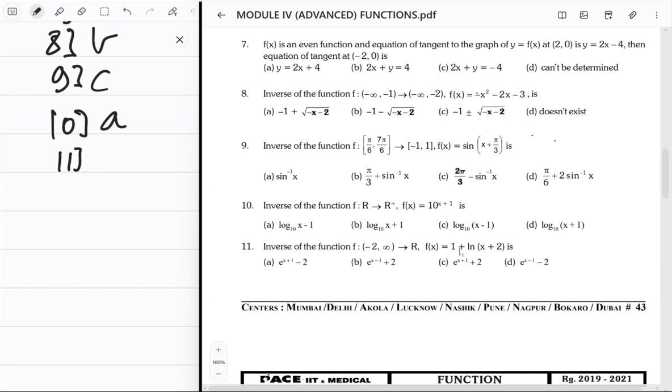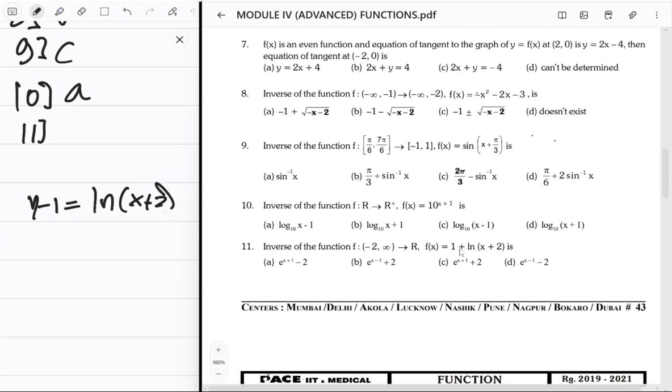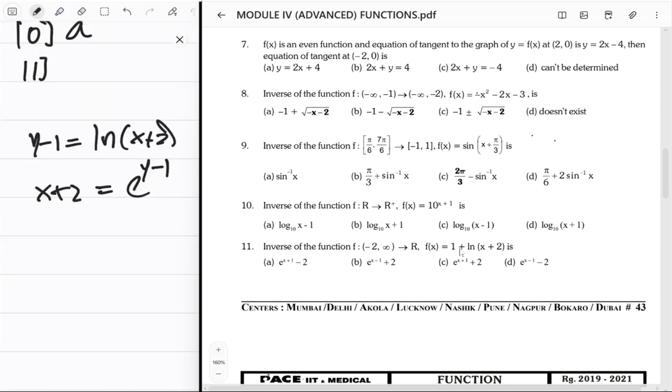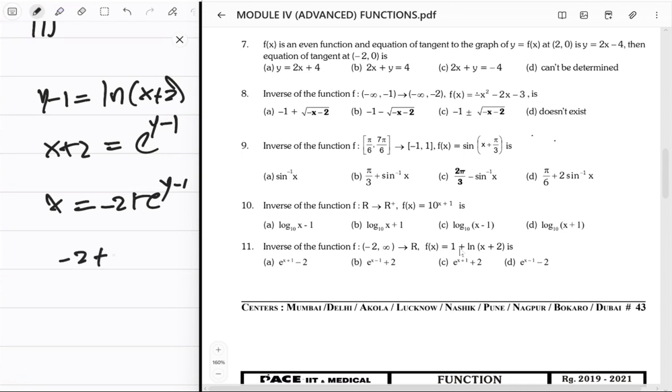So y equals 1 plus natural log of x plus 2, basically y minus 1 is equal to natural log of x plus 2, isn't it? Of course, x plus 2 has to be e power y minus 1. Makes sense. So x is negative 2 plus e power y minus 1. So what's the f inverse function? Negative 2 plus e power x minus 1. Easy as that. So e power x minus 1 minus 2, which is D, I guess.